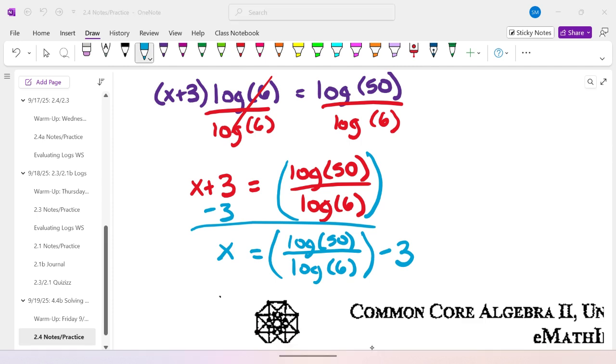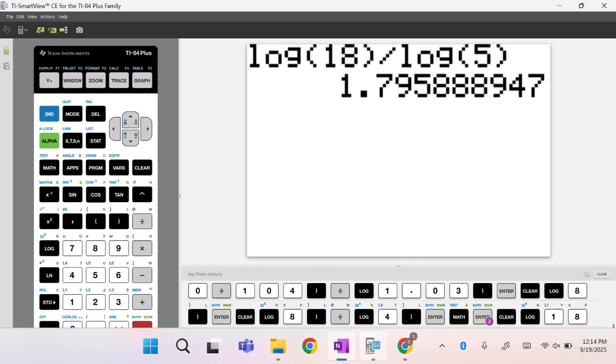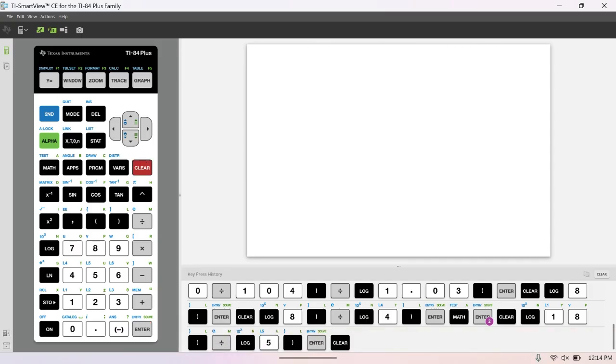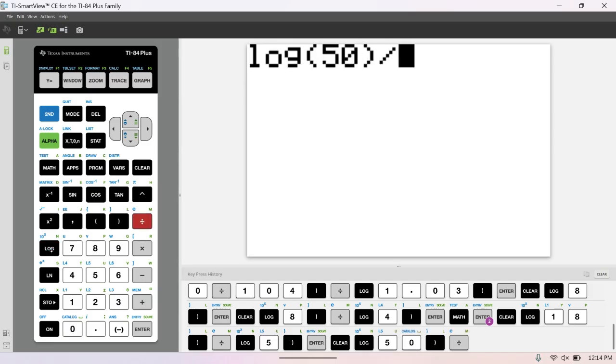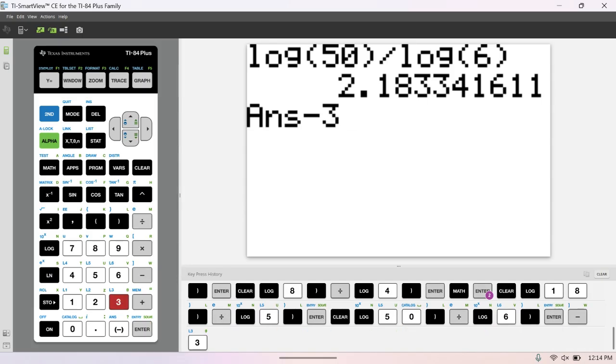So if I did this in my calculator, I'm going to type in the log of 50 divided by the log of 6. Once I get this answer, I'm just going to immediately hit minus 3. Because remember, if you do an operation after you get an answer, it automatically inputs your previous answer. And I'm going to hit enter.